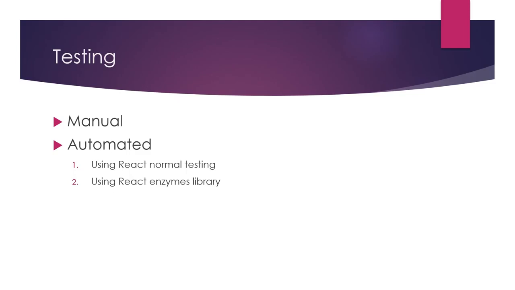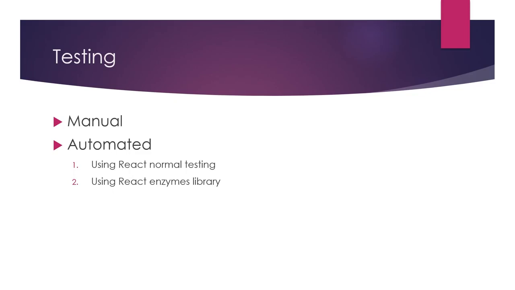Now moving on to automated testing, we used React for the normal testing, and we also used a React library named Enzyme, which we used for simulating some steps. For the React normal testing, we used some APIs and the database, and also an API to point to our database, which is Firebase.